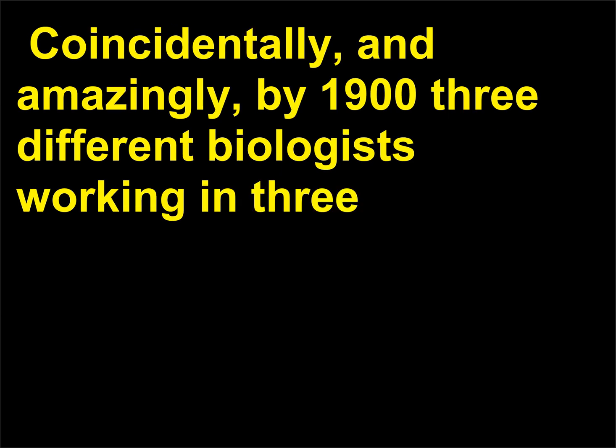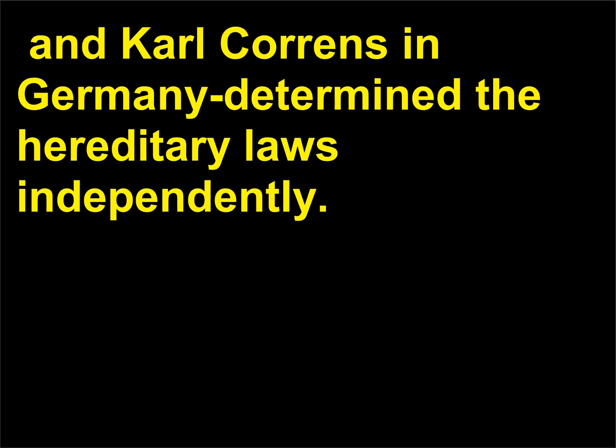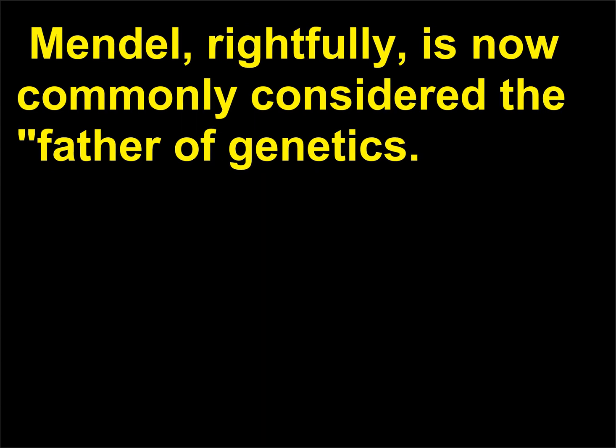Coincidentally, and amazingly, by 1900 three different biologists working in three different countries, Hugo de Vries in the Netherlands, Erich Tschermak von Seisenegg in Austria, and Karl Correns in Germany, determined the hereditary laws independently. But they all knew about Mendel's work, graciously giving the credit for the findings to him. Mendel, rightfully, is now commonly considered the father of genetics.